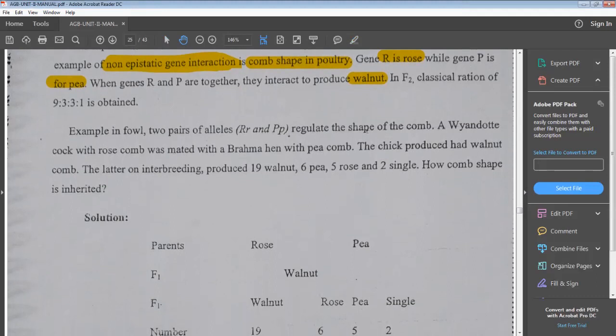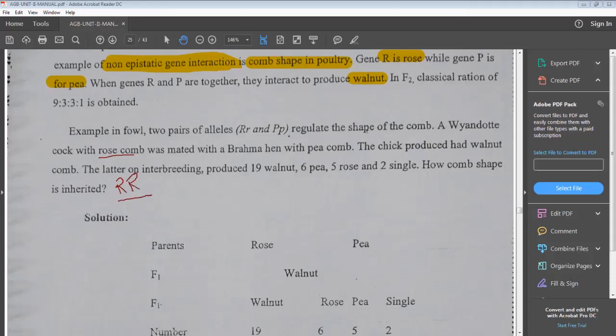If it is not homozygous, the examiner will mention a heterozygous condition. So the male with rose comb has capital R's.